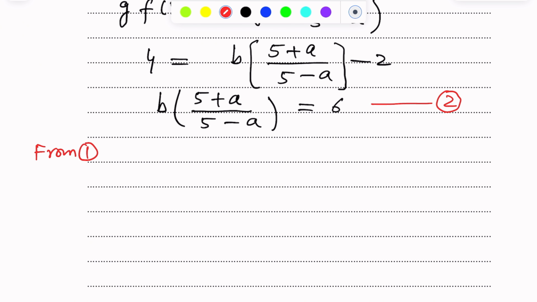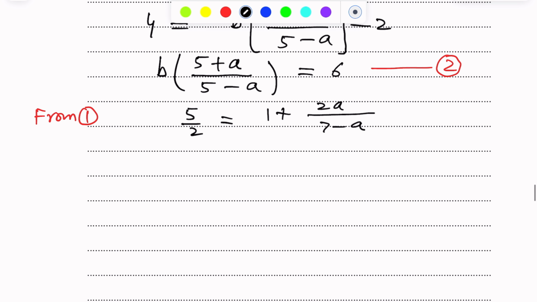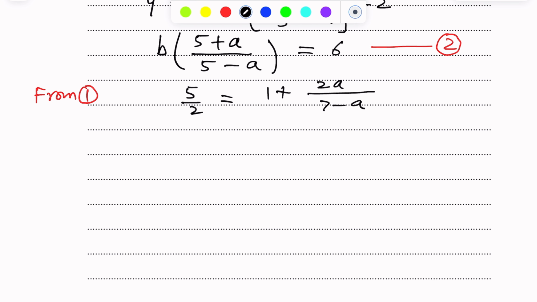From equation number 1, 5 over 2 is equal to 1 plus 2a over 7 minus a. Rearranging this equation, this 1 will be moved to the left. 5 over 2 minus 1 is equal to 2a over 7 minus a.